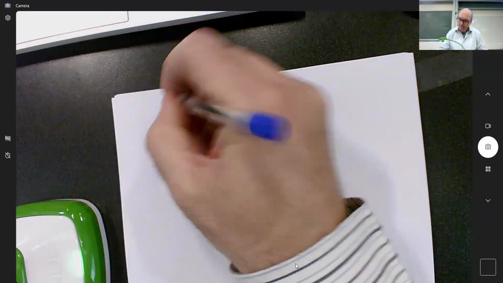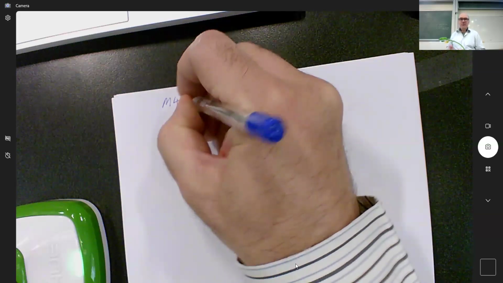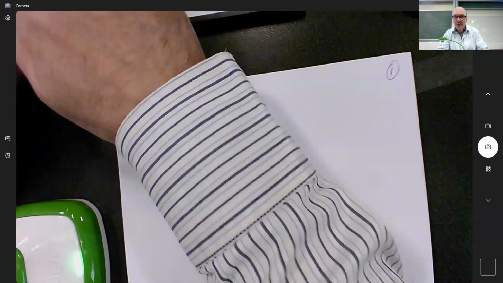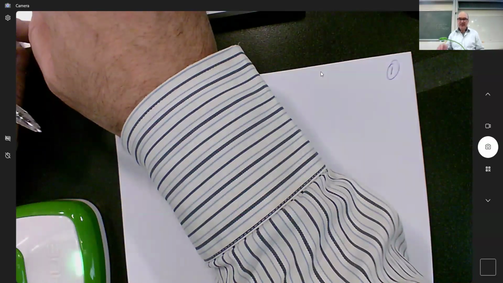So let's see. That could be really annoying. And that is just a little bit in the way. Let's try and put it up in this corner so it's not so much in the way.